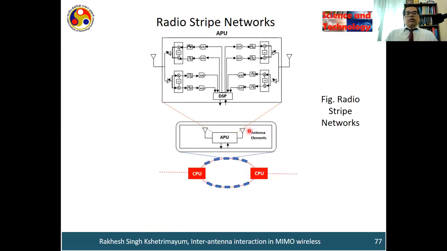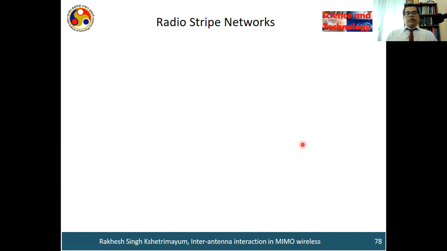And radio stripe networks are used for connecting access points with the CPU. This will replace all the coaxial cables in the future for connecting access points to the CPU. And on the radio stripe networks, you will have antennas, also all other processing units. That is the projection they have made.